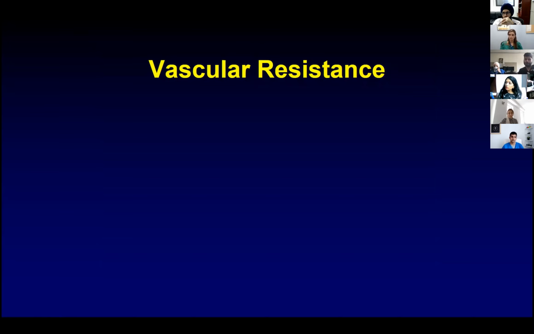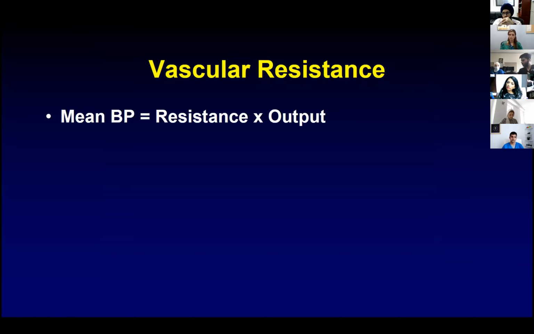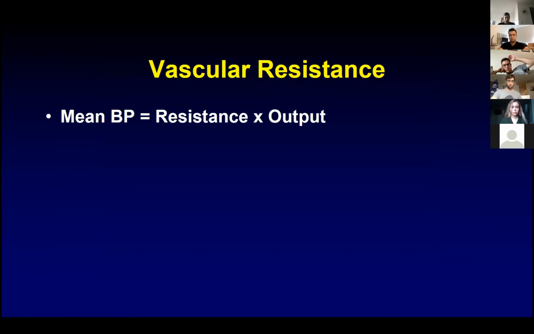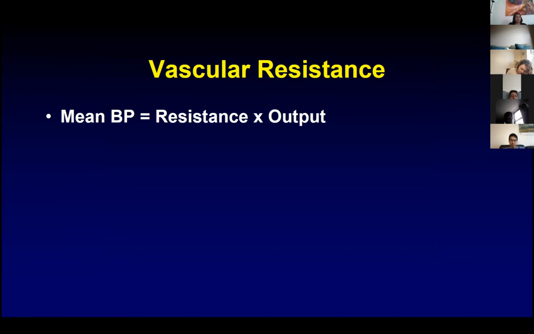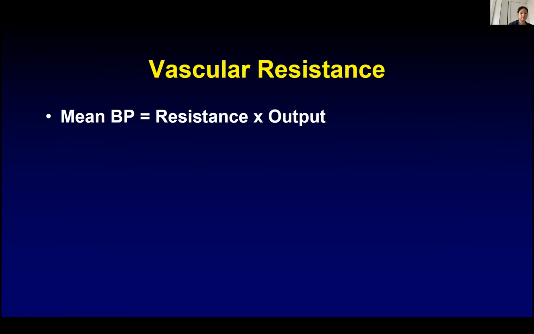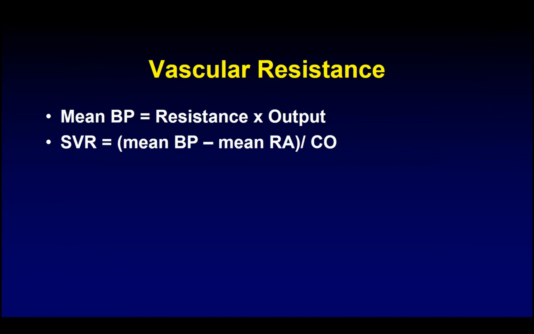Going over vascular resistance really quickly, we calculate vascular resistance using Ohm's law. Ohm's law tells you that voltage equals flow times resistance. So in the case of systemic or pulmonary vascular resistance, the voltage is the blood pressure and the flow is the cardiac output.